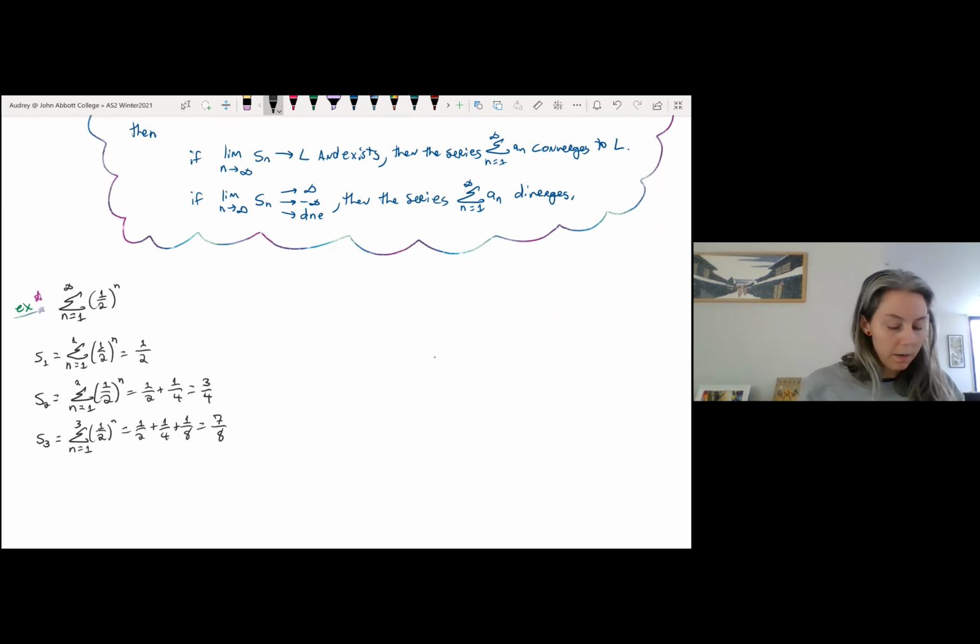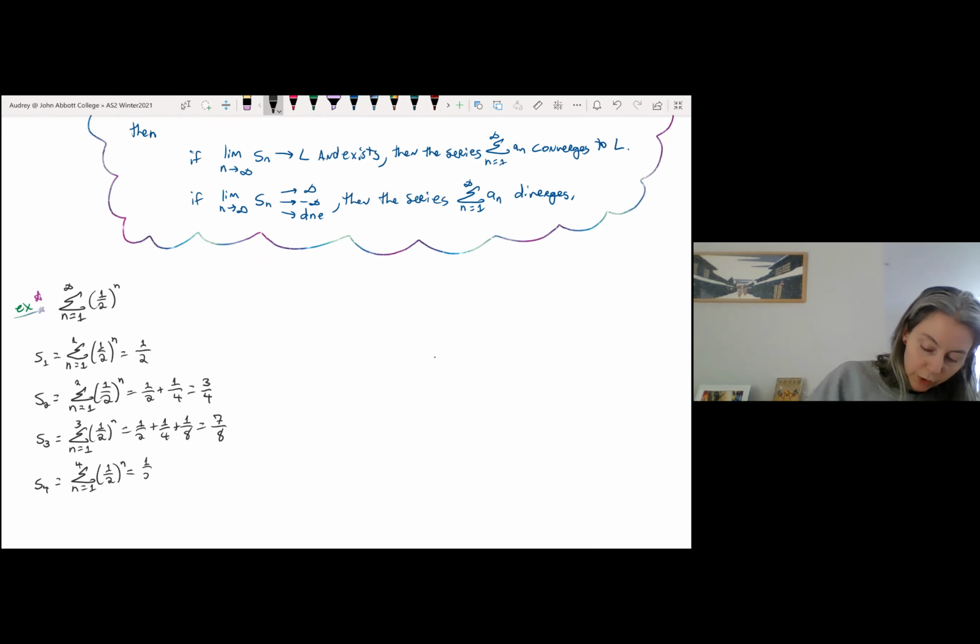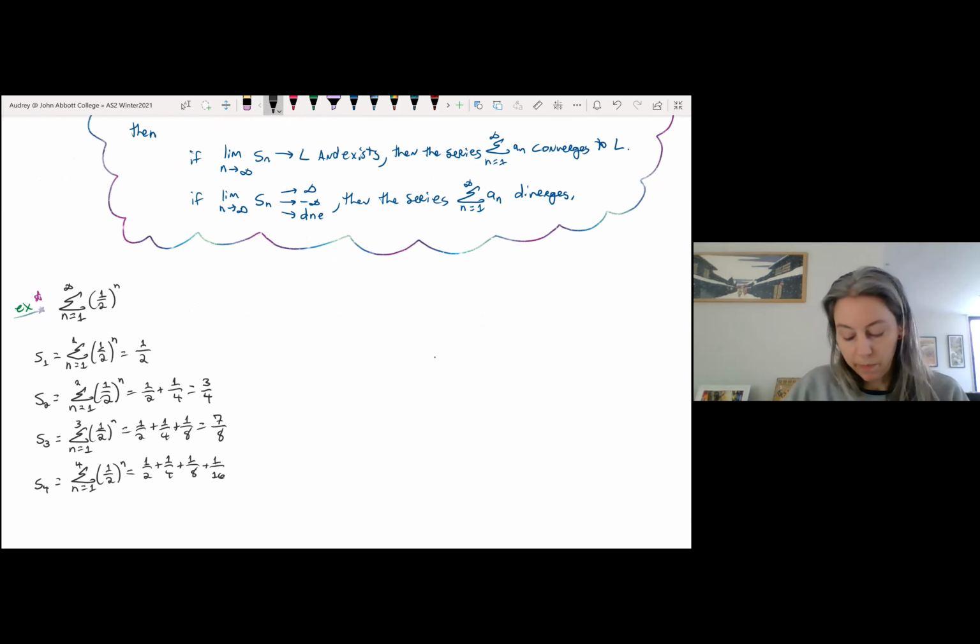I'm just going to do one more here. S sub 4, n equals 1 to 4 of 1 over 2 to the n, would be 1 over 2 plus 1 over 4 plus 1 over 8 plus 1 over 16. And that's going to give me 15 over 16.